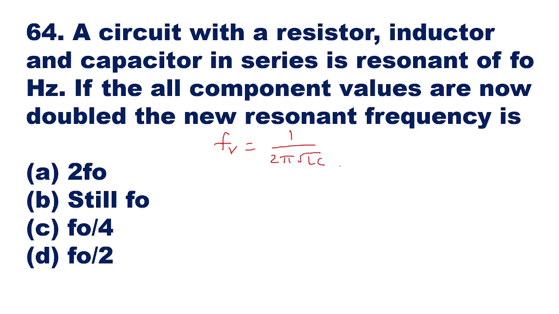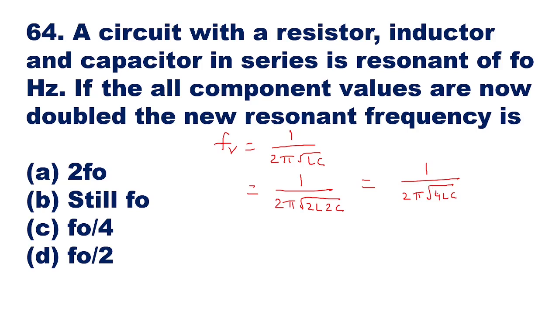Now if we double the component values, so component values are L and C, this equation will become 1 upon 2 pi root 2L 2C. So the L and C components are doubled. So this is nothing but 1 upon 2 pi root 4 LC.